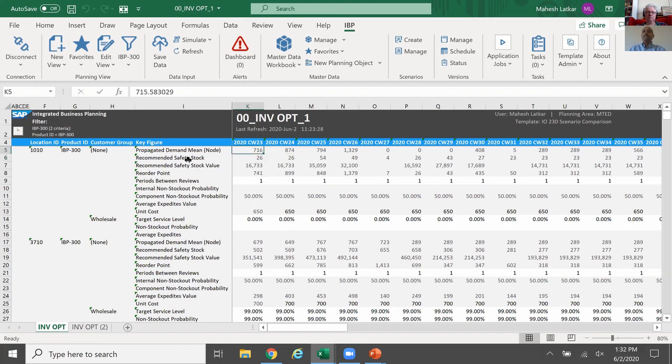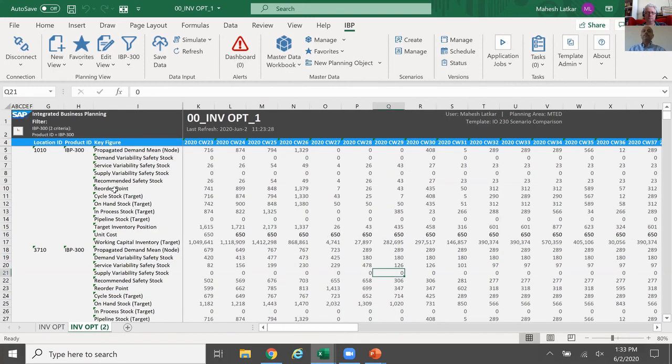This is a standard algorithm which runs in the backend. Since we've got a component attached to the finished product in terms of bill of materials, that's how it determines the non-stock probability based on all the inputs. Now the next planning view is similar to the previous one, only you will see different key figures here. So here we have again one DC and one manufacturing location.